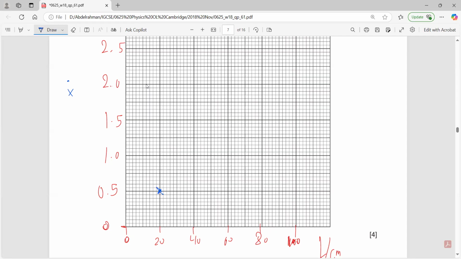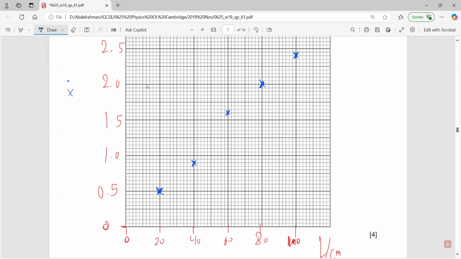This is a small x. 40 and 0.9, which is 2 squares below 1. 60 and 1.6. 1.6 is 2 squares above 1.5. 80 and 2.0, and last but not least 100 and 2.4, which is 2 squares below 2.5.